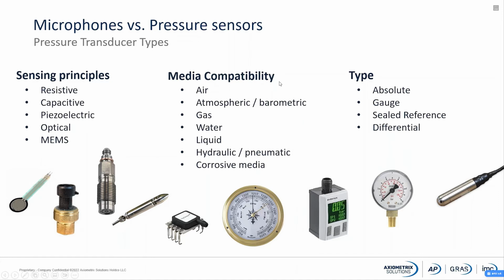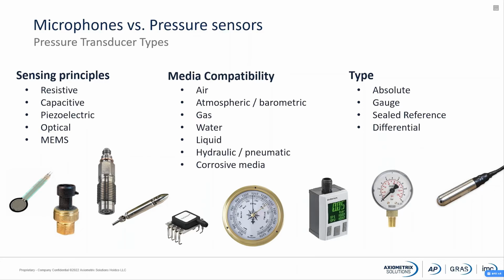That means that some of the pressure sensors are for hydraulics and pneumatics. Some of them are for liquid and some of them are for air. There are also different types, and that was the previous slide you saw. It's actually the four types that we just went through: absolute, gauge, sealed reference, and differential. So if you put this all together, you can get a wide variety of different sensors for different purposes.